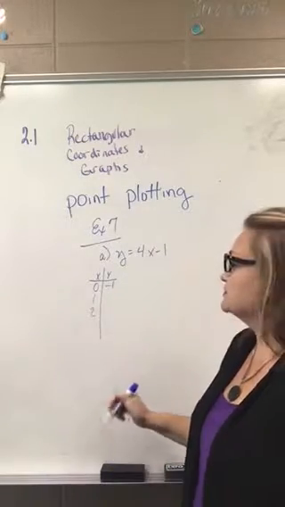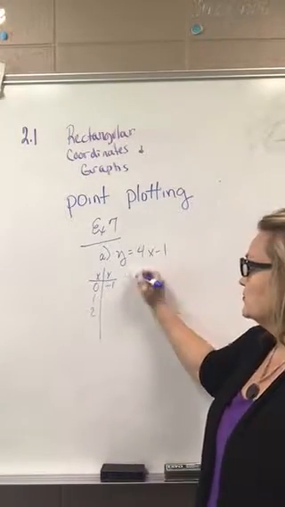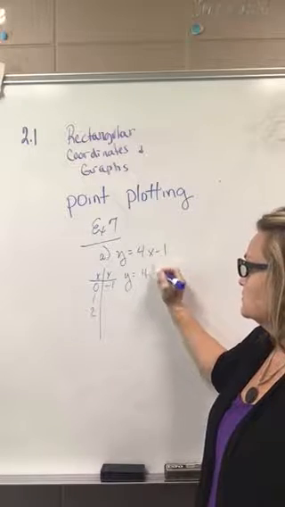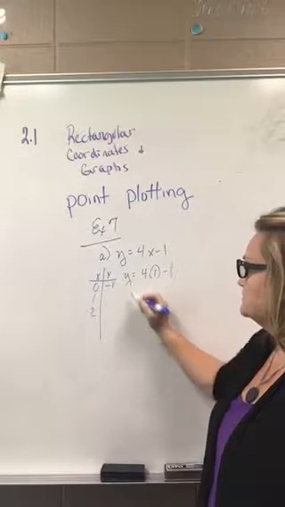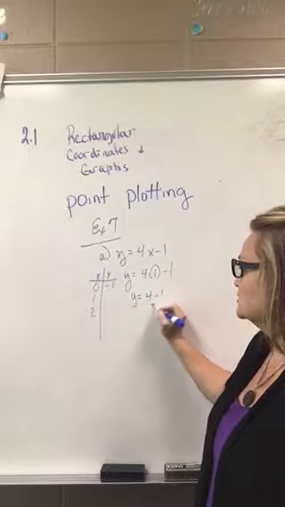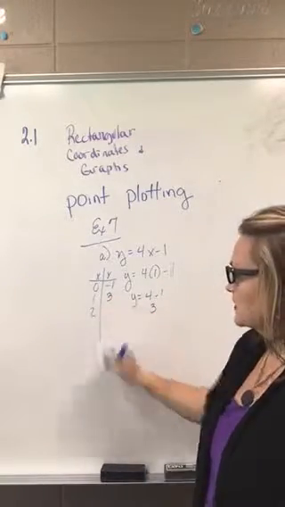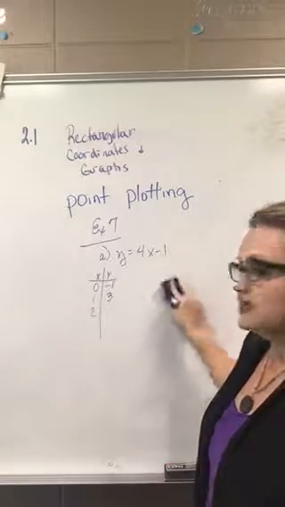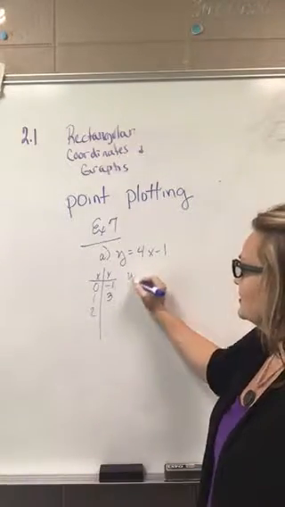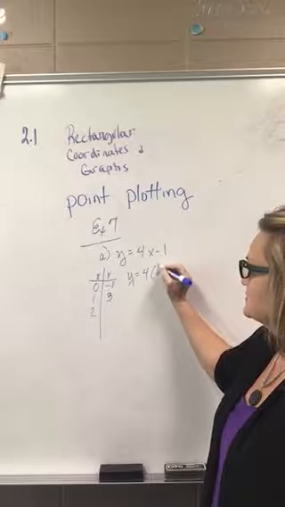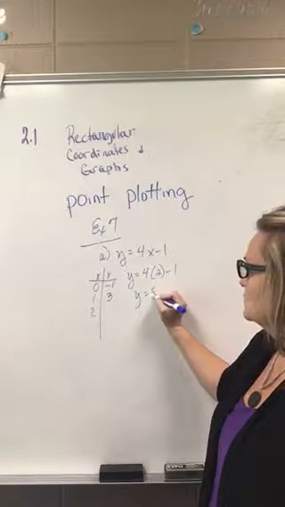So it's a solution. I want another point, so I say y equals 4 times 1 minus 1, which is 4 minus 1, or 3. So the coordinate (1, 3) I can plot. And I can keep on this route, plugging and chugging all day long, plugging in values for x, spitting out what y would need to be.